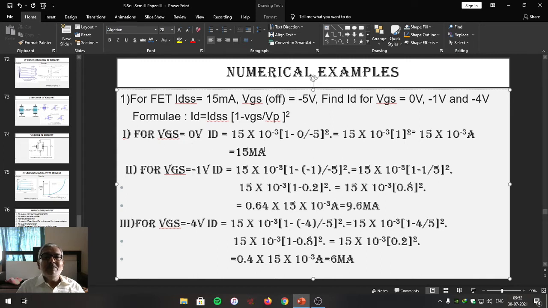Now say for VGS equal to minus 1 volt. Again use the same formula. ID is equal to 15 into 10 raised to minus 3 into bracket 1 minus minus 1 upon minus 5, bracket square.